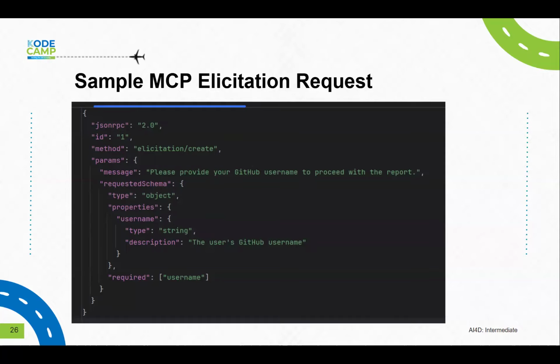Here, this message is what will be presented to the user, which is, hey, the server is saying provide your GitHub username before you can proceed with generating the report that you requested. And then the schema. The schema here is username, which is the user's GitHub username, and that's the only thing the server is asking for. And of course, it is a required field.